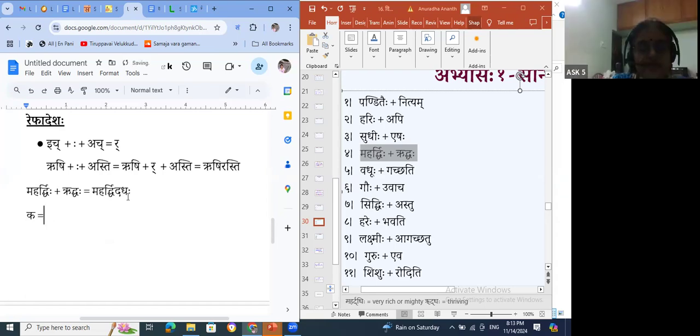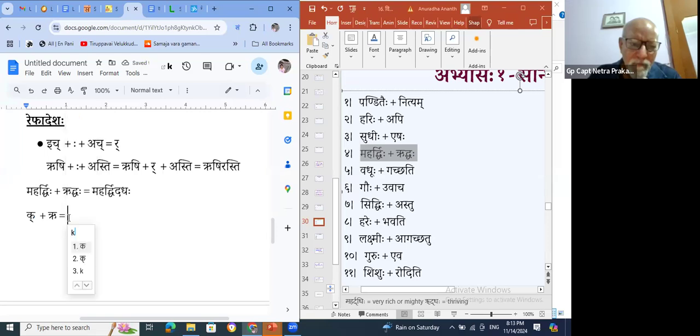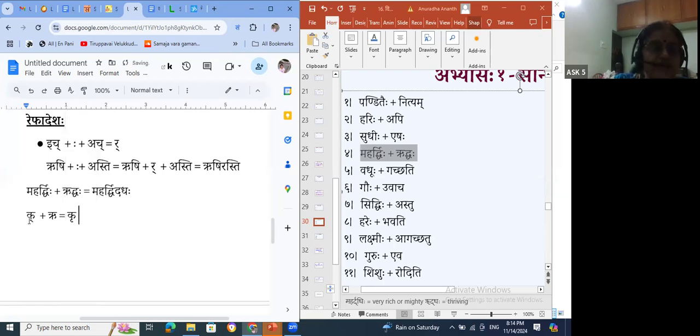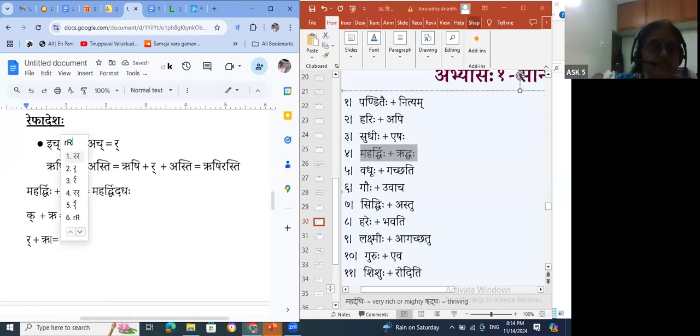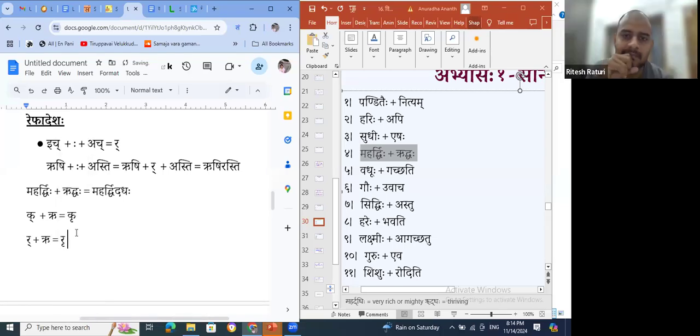If I say क् plus र, what happens? It becomes क्र. No, when I have क् plus र it is क्र; similarly, when I have र् plus this, then it will become double र. Yes, the य wala.